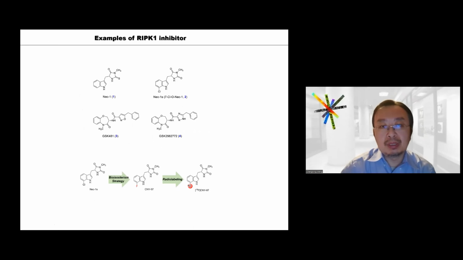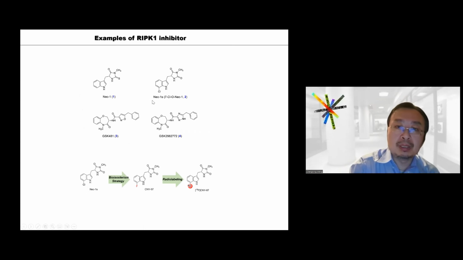So we start from the lead compound. Some examples here are RIPK1 inhibitors, for example, NEC1 and NEC1S from Dr. Junying Yuan. This is a pretty early-stage chemical scaffold. And later on, there are many others like NEC3, NEC4, NEC2, which were also developed.